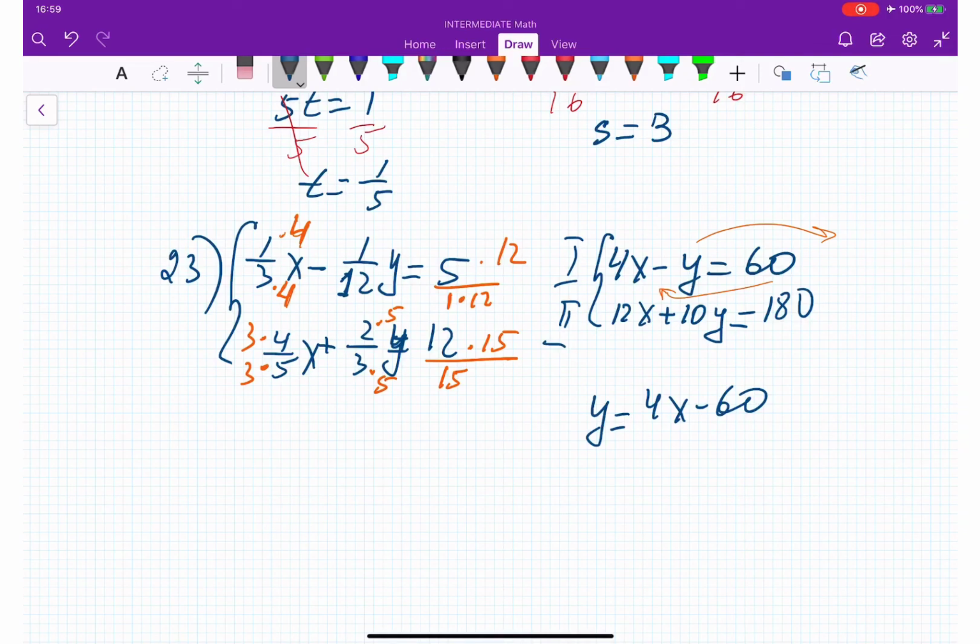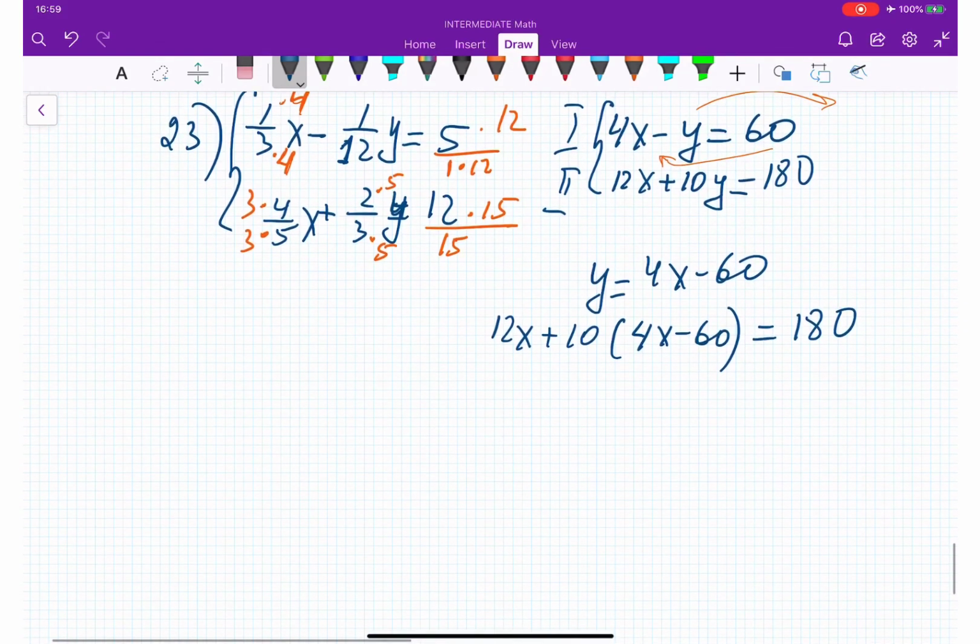What do we get? 12x plus 10 times 4x minus 60 instead of y, plugging 4x minus 60, equal to 180. Okay, we get 12x plus 40x minus 600, right? We distribute. Equal to 180.